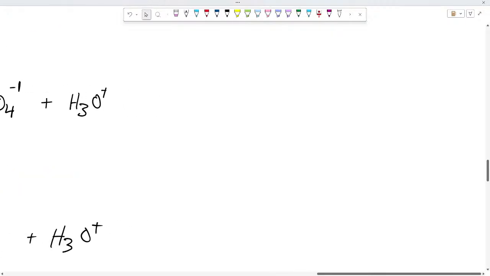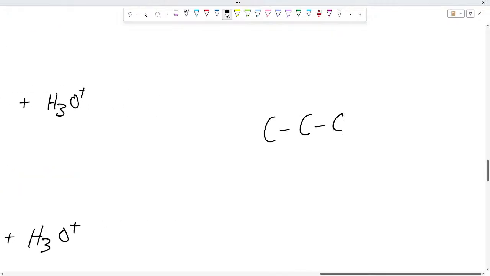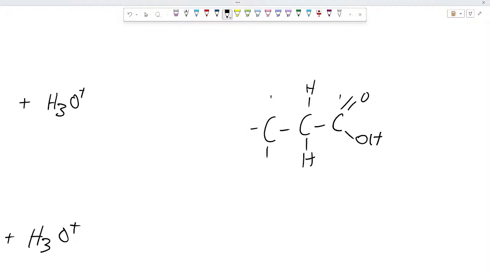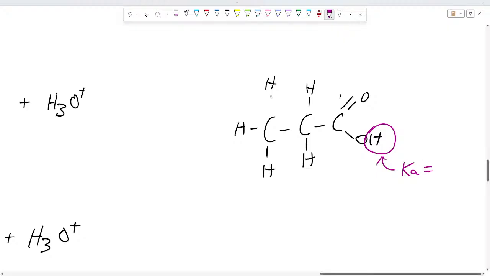Which is also why, in theory, and don't write this down, but just so you know, if you have something like this, what compound is this? Propanoic acid. Good. You could look up the Ka for propanoic acid. Let's look it up.